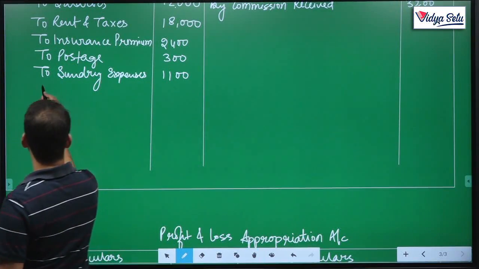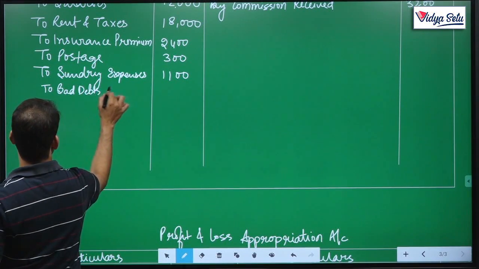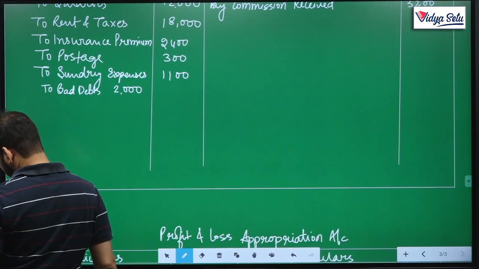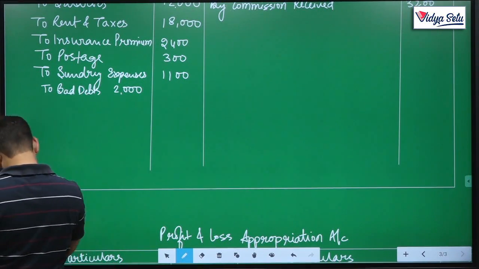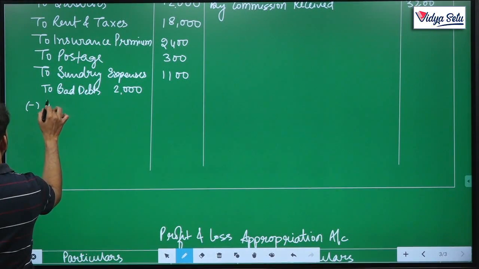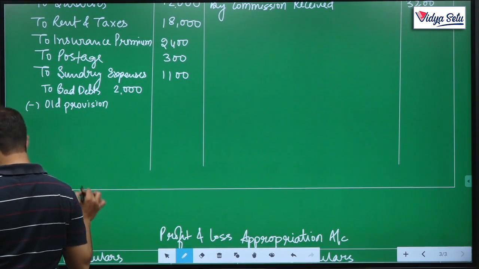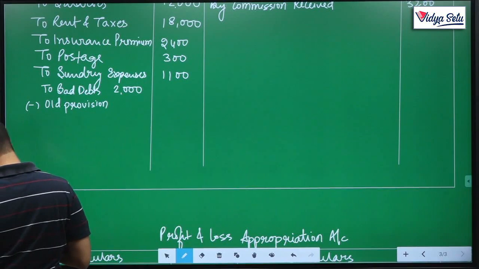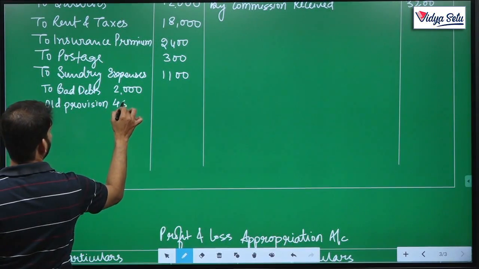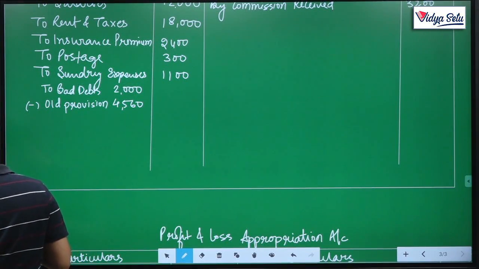Bad debts 2,000, that will be in the P&L account. Old provision, we subtract 4560.